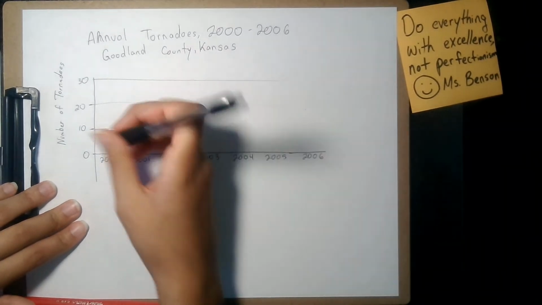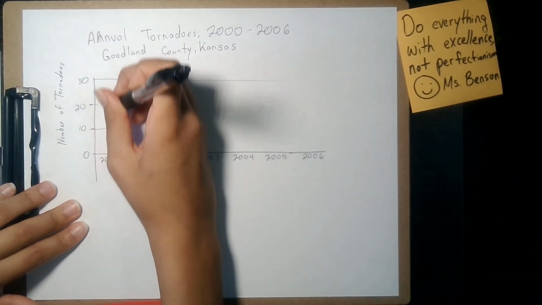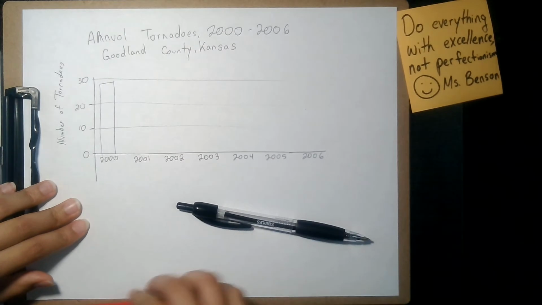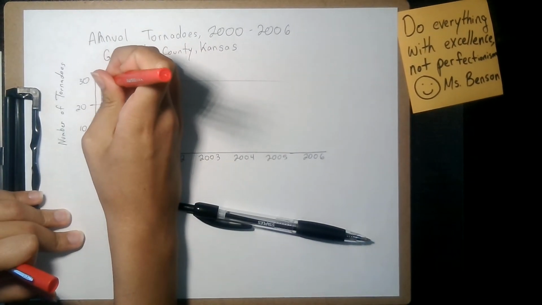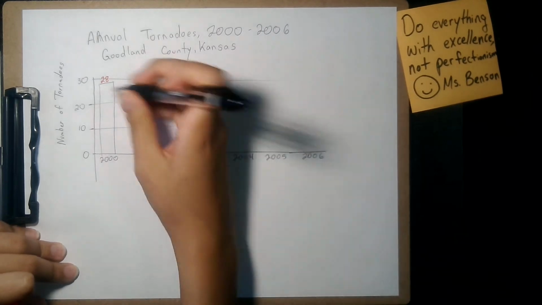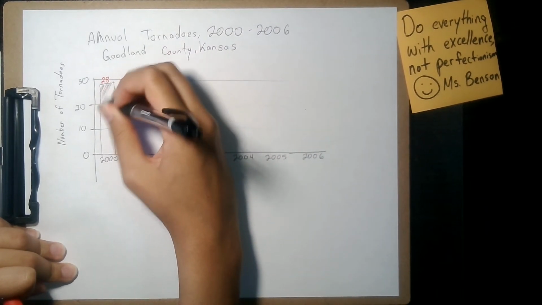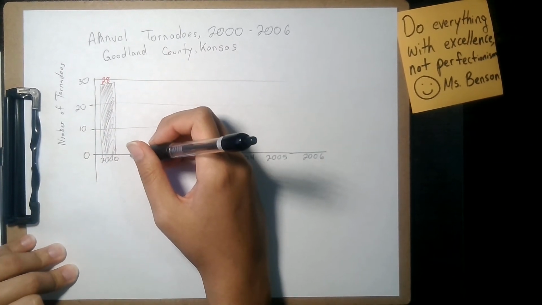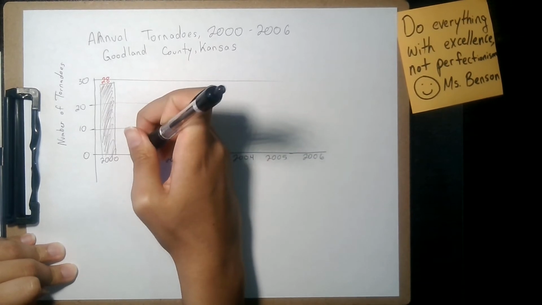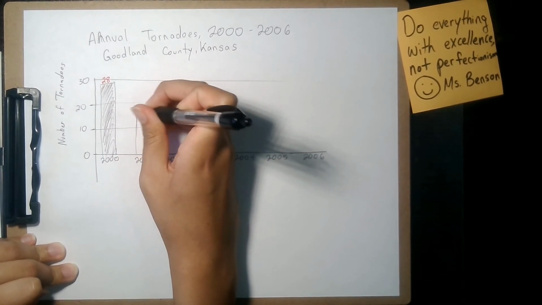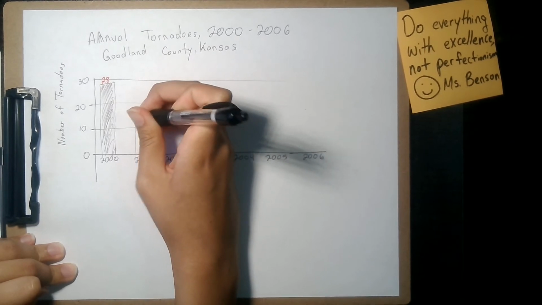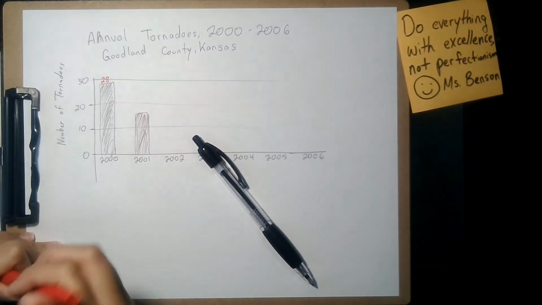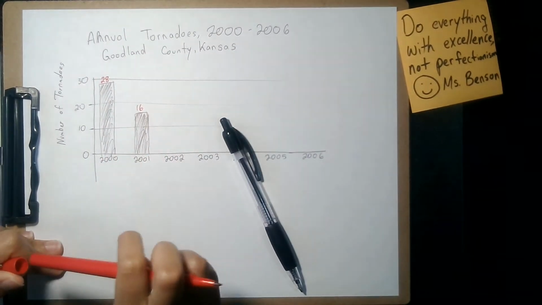Okay, so in 2000 there was 28. So we saw 28 tornadoes in the year 2000. And then in the year 2001, we saw 16 tornadoes. So there were fewer tornadoes.